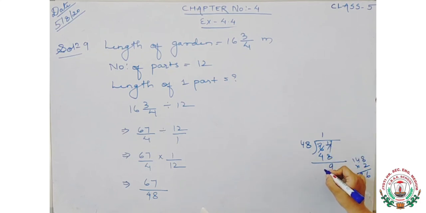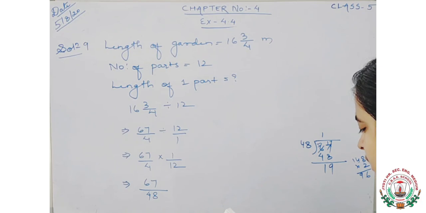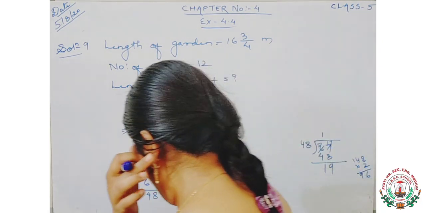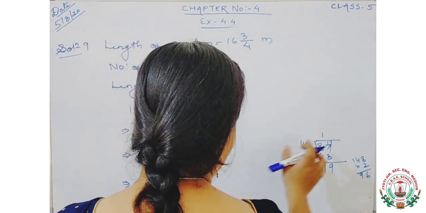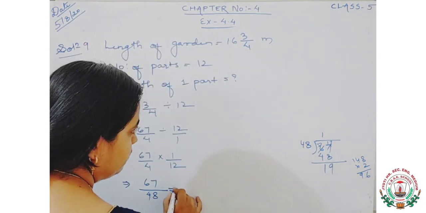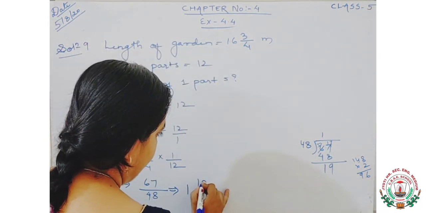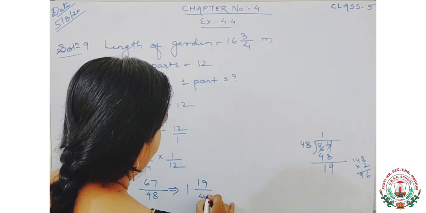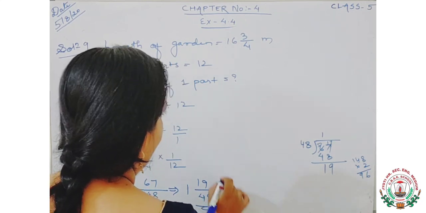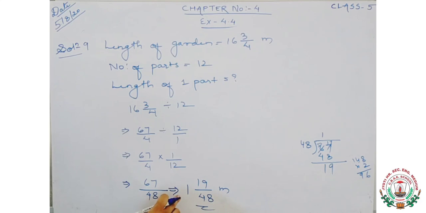Okay, 5 minus 4 is 1. So 19. We can't subtract this. Okay. So how we will write? Quotient, remainder upon denominator. So what is quotient? 1 19 upon 48 meter. So what will be the length of one part? 1 19 upon 48 meter or 67 upon 48 meter.